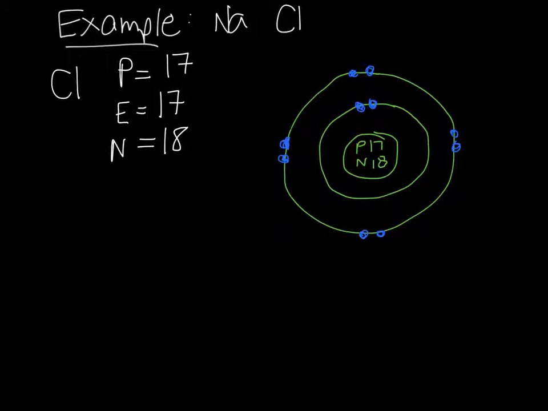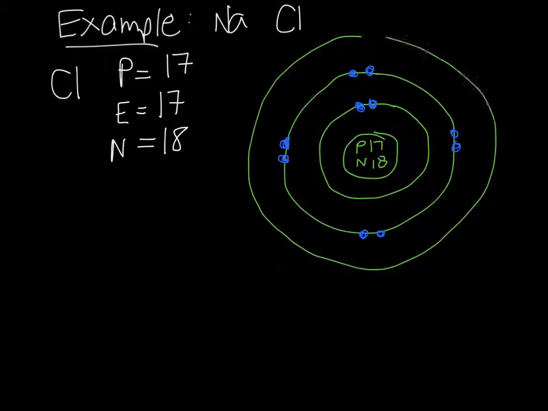I need 7 more. That means I need a third ring. Third shell, third ring, and I only need to put 7 in here, so we'll do 2, 4, 6, 7. The third ring, when it's full, holds 8 electrons.